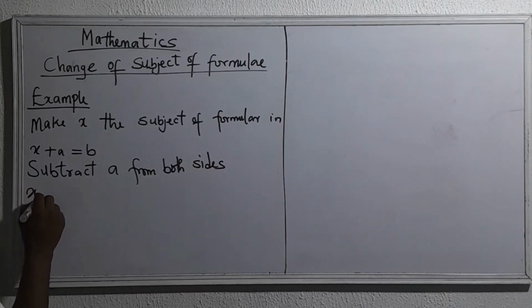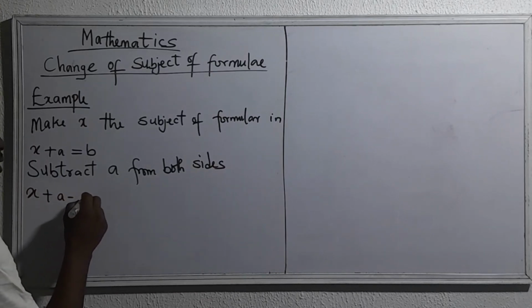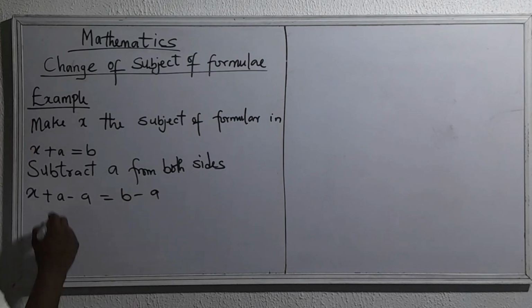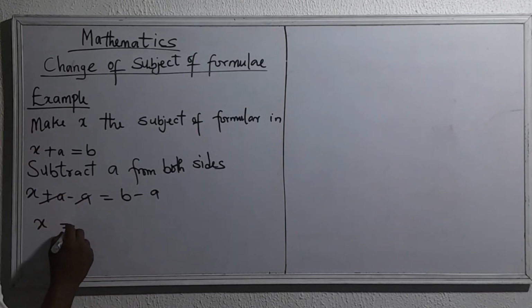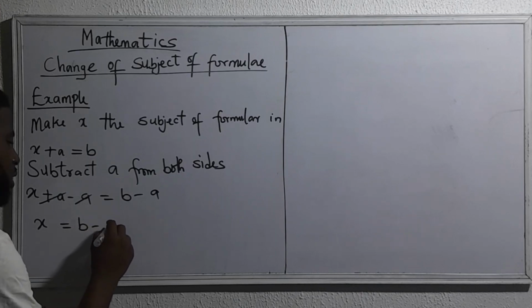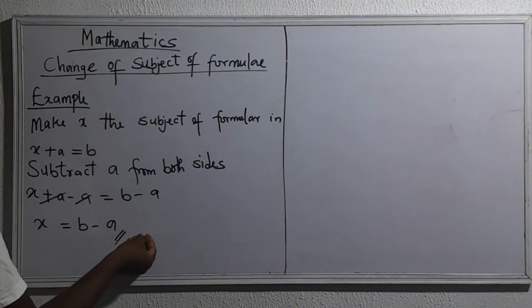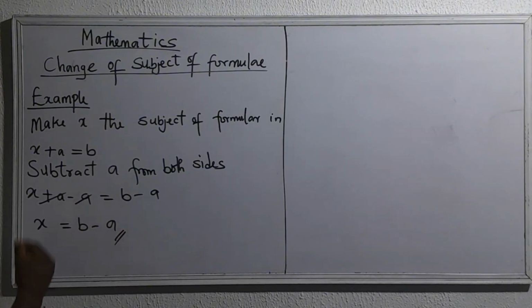So we have x plus a minus a equals b minus a. Now a cancels a out. We have x equals b minus a. So you realize that x is now equal to the other variables, b minus a.